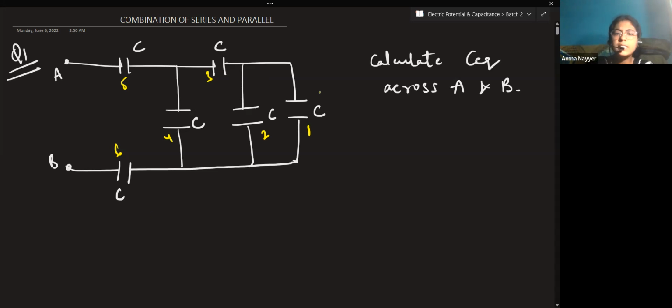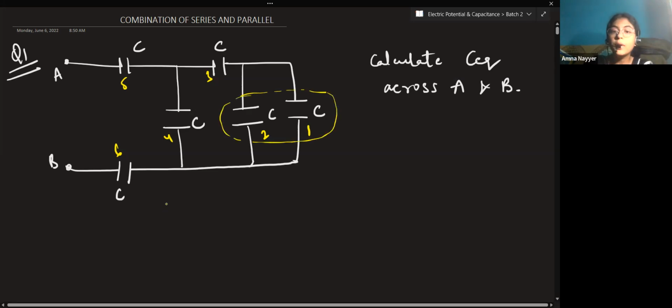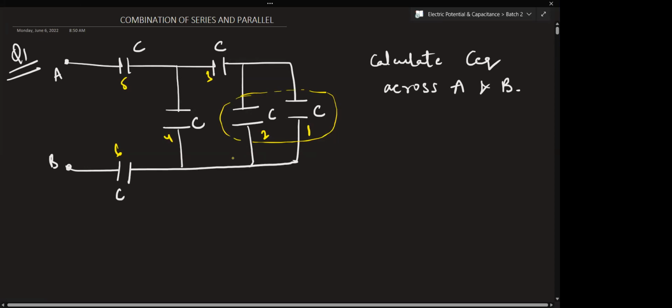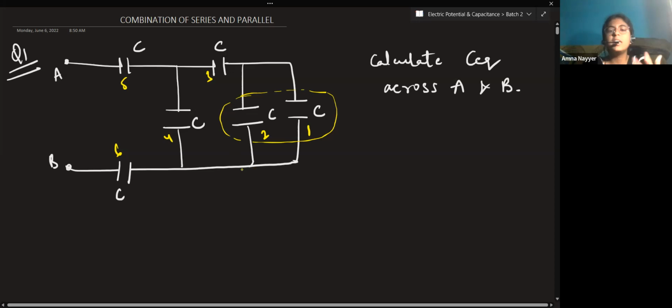If you look at just these two capacitors, here's a branching. It means both of them are connected in parallel, because definitely charge will get divided, but whatever voltage is there, that will remain the same. This kind of question we did in the last class also.